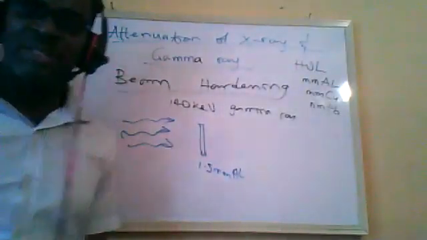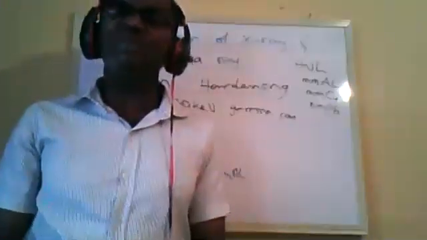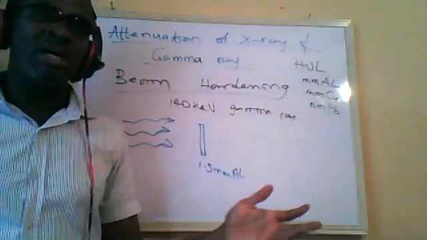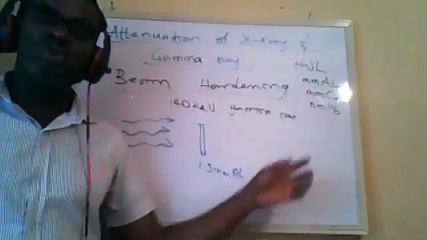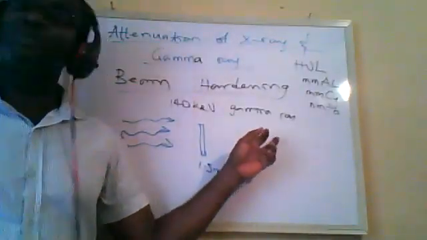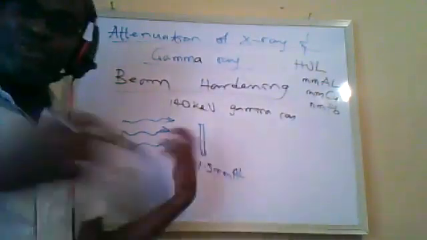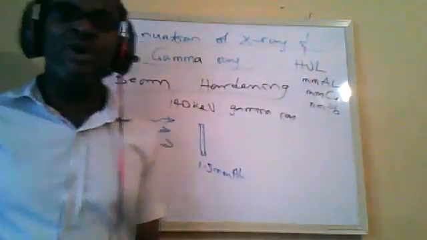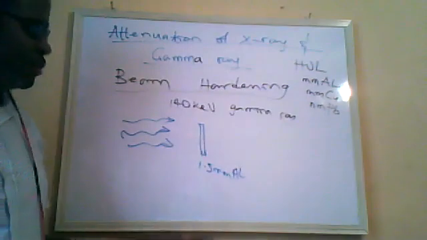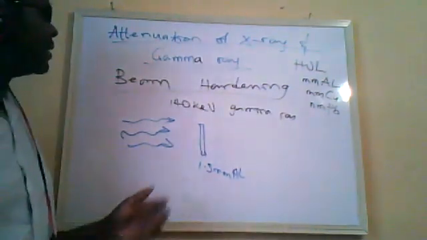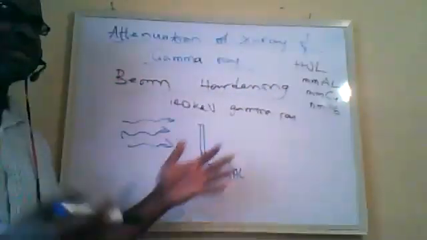The intensity can be measured in terms of anything. It can be measured in terms of the absorbed dose, the exposure, the dose rate, and so on and so forth.